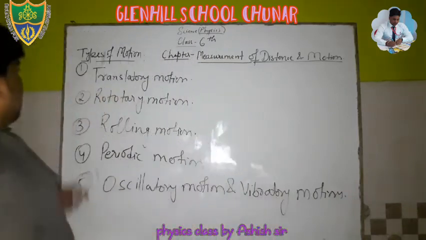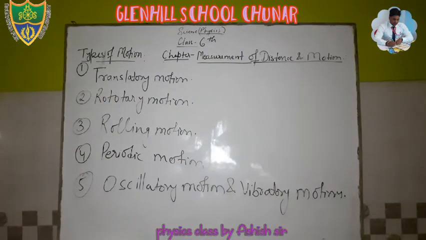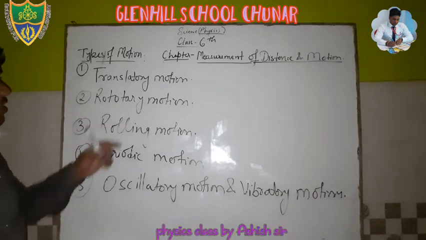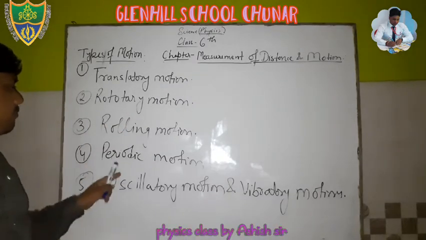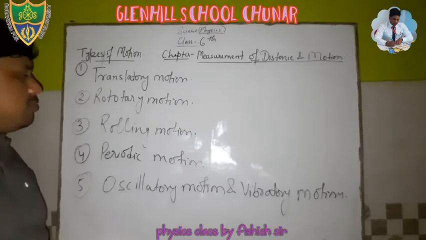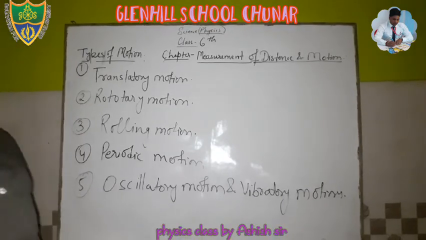Okay, now these are the types of motions: translatory motion, rotatory motion, rolling motion, periodic motion, oscillatory motion, and vibratory motion.